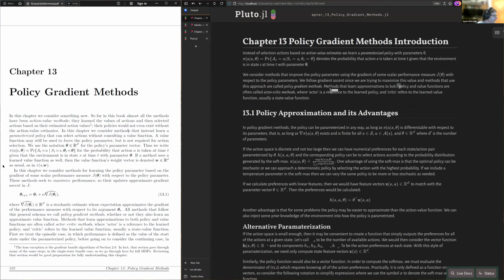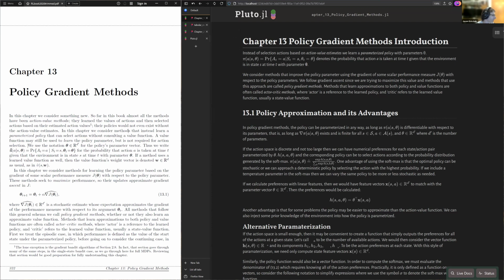What we're actually going to get to in this chapter is that this policy pi has some set of parameters theta. If it's a case of linear approximation, this will be some vector that matches the size of how we're encoding the state space or the state-action space.